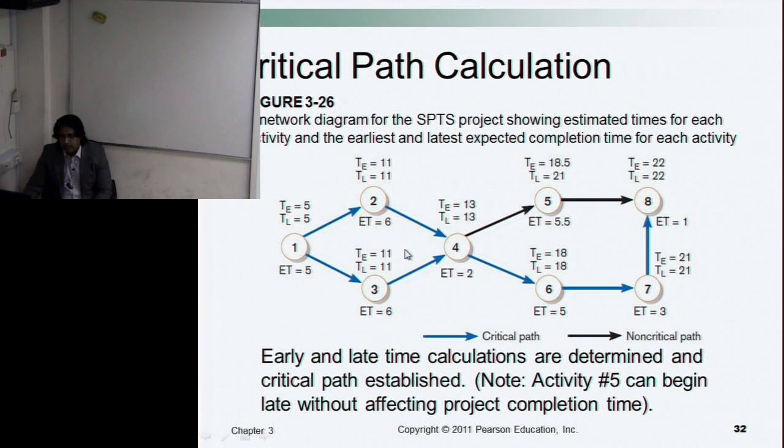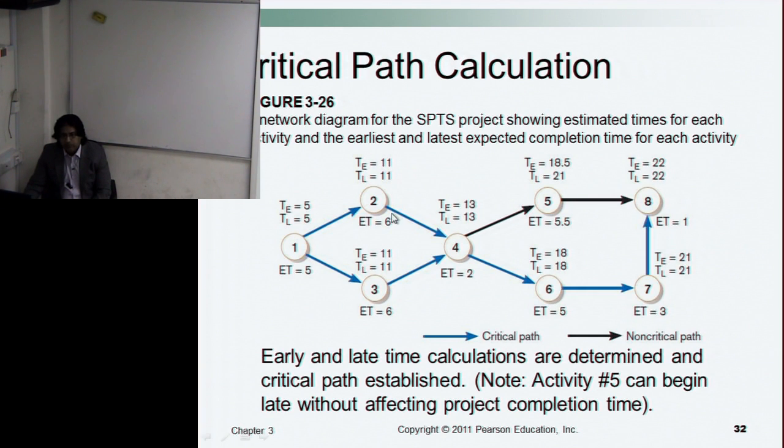Now if you look at activity 2, the earliest time is 11. You should understand how it was calculated. It is based on the expected time of activity 6 plus the earliest time of the preceding activity. Right?